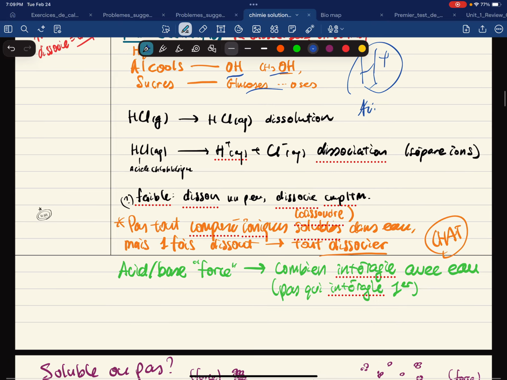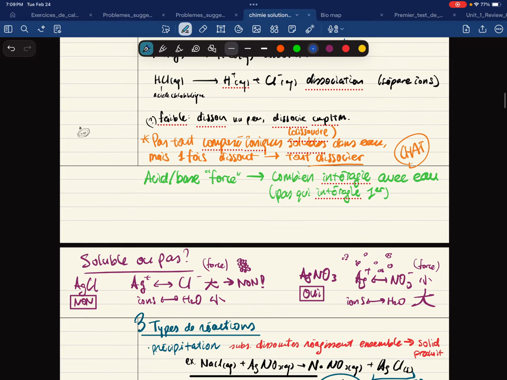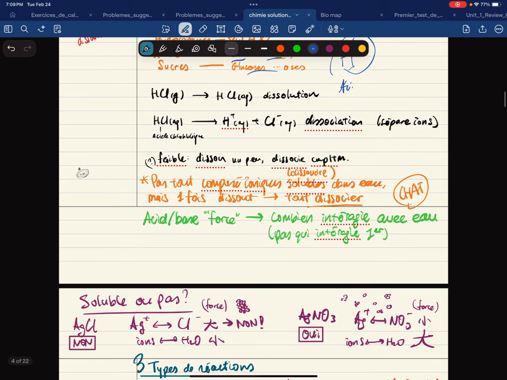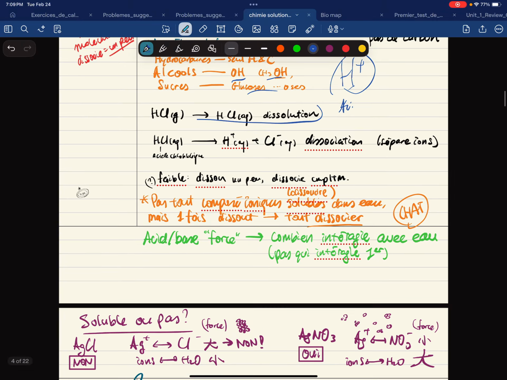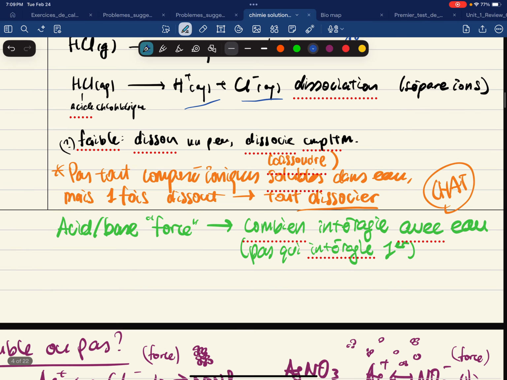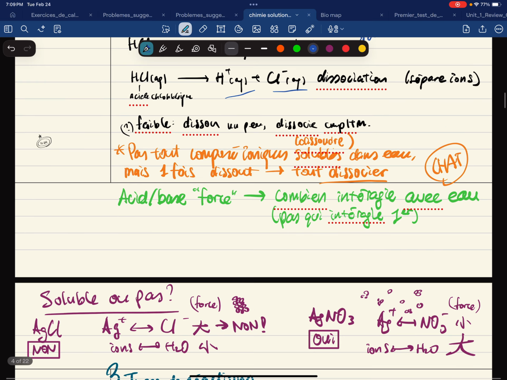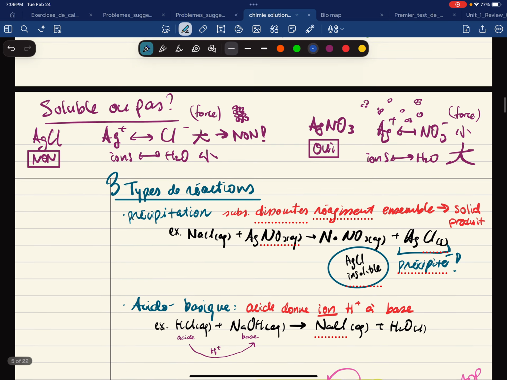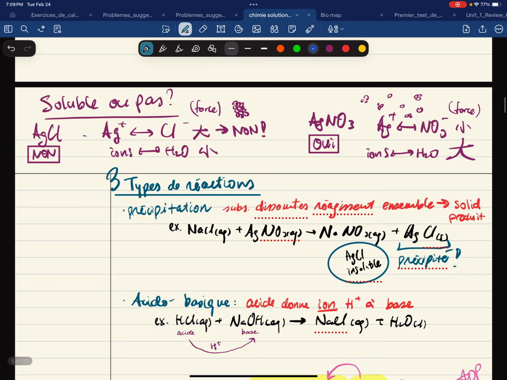Type de réaction, il y a précipitation, acido-basique, and oxydation. So dissolution is when something becomes aqueous, and dissociation is when something becomes its ionic form, when it becomes ions. So that's what I was talking about, why some stuff are ionic but don't break.